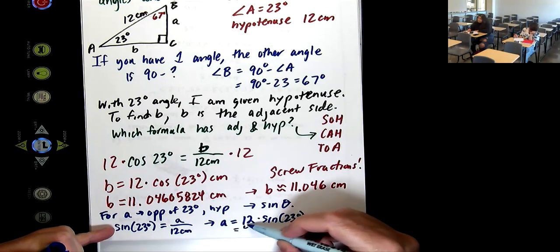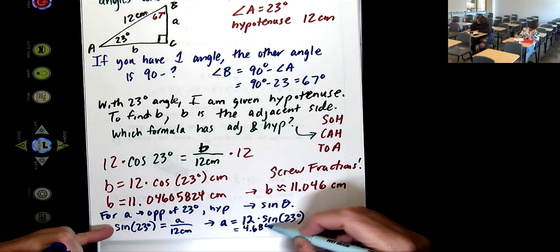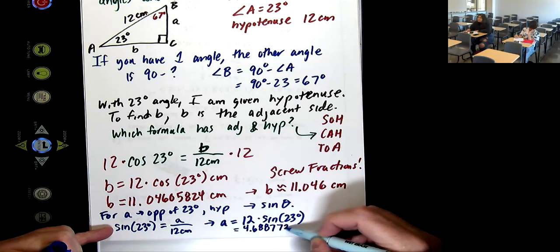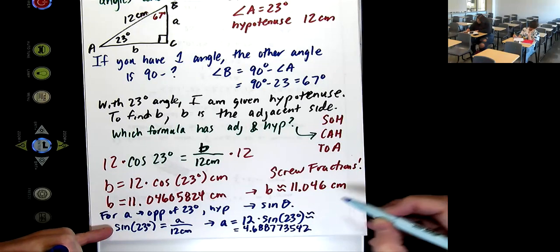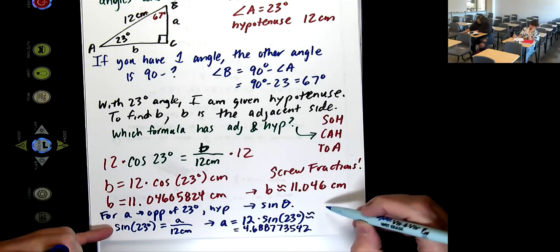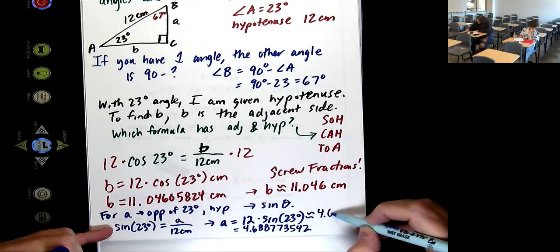And for that one, I'm getting 4.688773542. If I were to round this, I would say 4.689 centimeters.